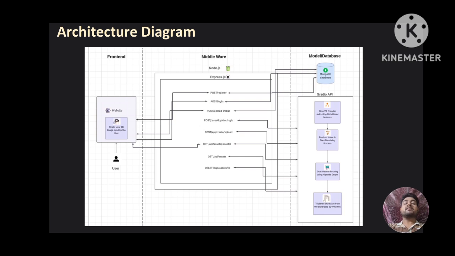We can see that the uploading of image is done between Express.js and the database, and if the image is already available in the database, it is being called through the asset ID. If not, a separate asset ID is being created, after which the generate command is given through the Gradio API. We can also delete the existing assets from our own logged in ID if we want to.